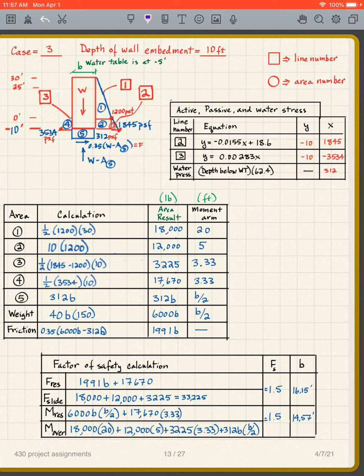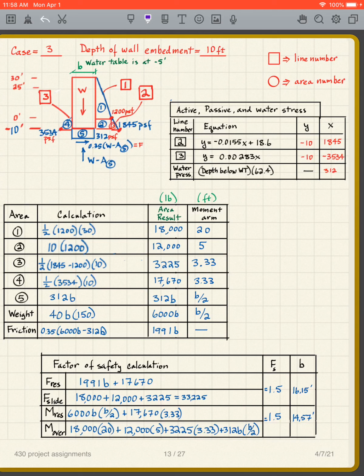So we have water pressure due to that extra, 10 minus 5 is 5 feet. So let's look at how you can determine exactly what these diagrams are and then come up with the area. The one thing that I've given you at this point, we know that this is 1200 PSF. So in other words, this point right there is 1200 PSF. We got that from previously.